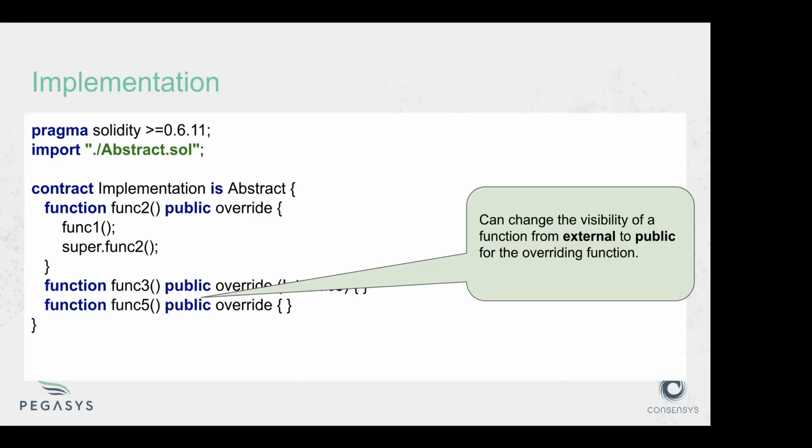Another thing that I've mentioned, but not explicitly, is that when you're overriding a function, say in an interface, it could be external, or in an abstract contract, again, it could be external. When you override them, you can change from external to public to essentially allow for internal calls as well as external.